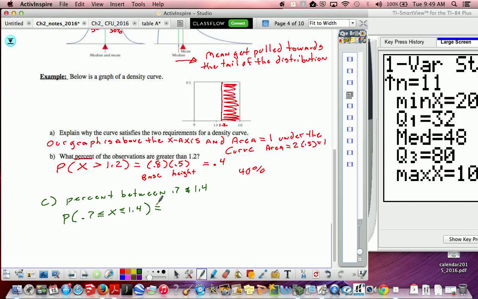If you're like me, I like to draw pictures and visualize what I'm trying to find. So we're looking at that area right there. Again, my base, 1.4 minus 0.7, would be 0.7, times my height, 0.5, gives 0.35, so my answer would be 35%.